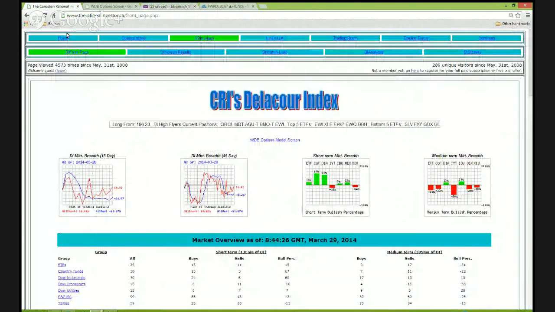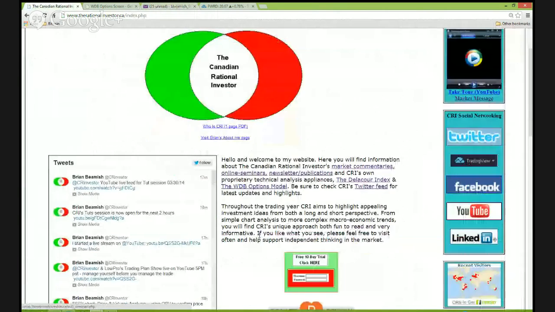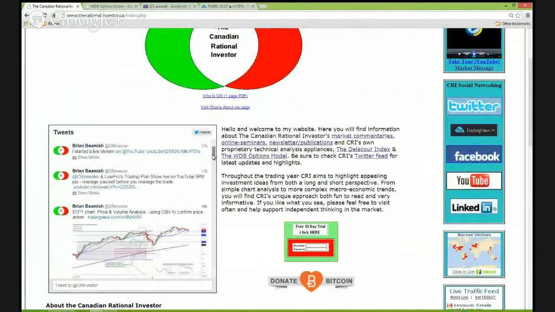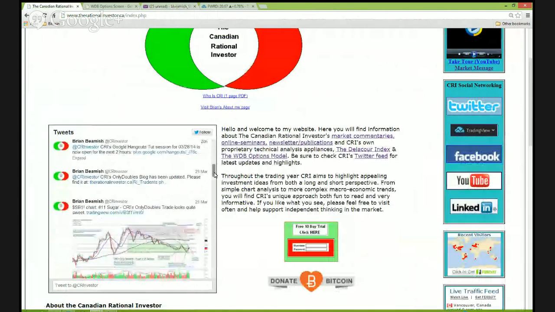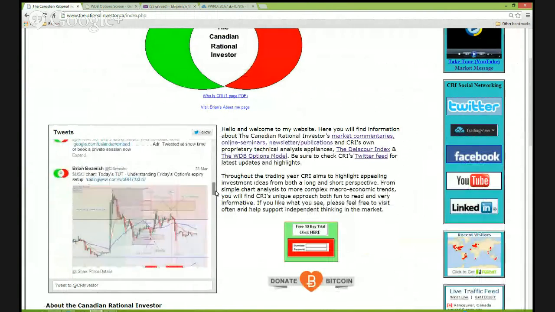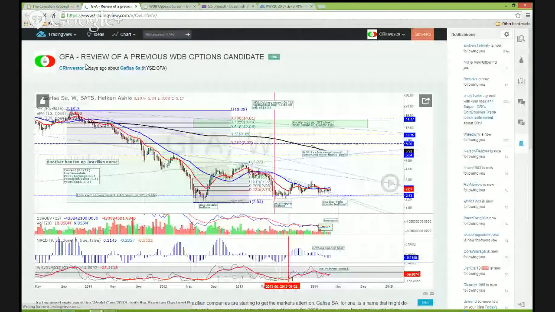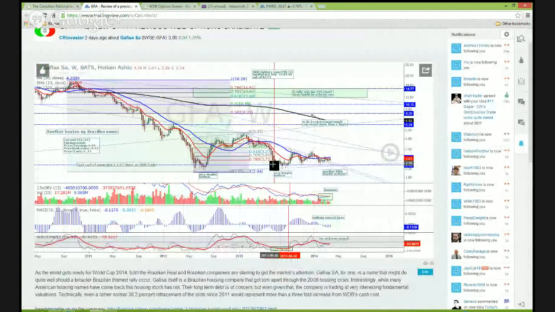So when you see me produce a report, for example, recently I produced a report on GFA. This stock came up on the WDB options report, and this was last summer.